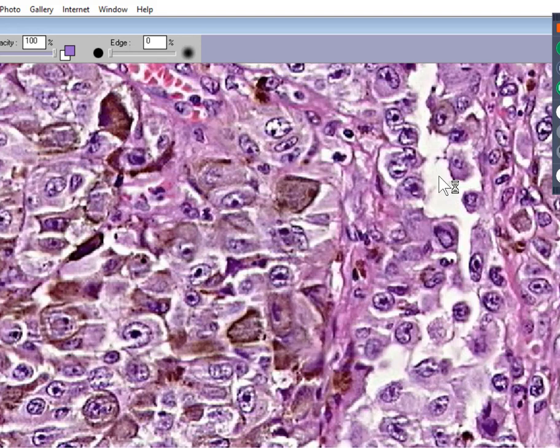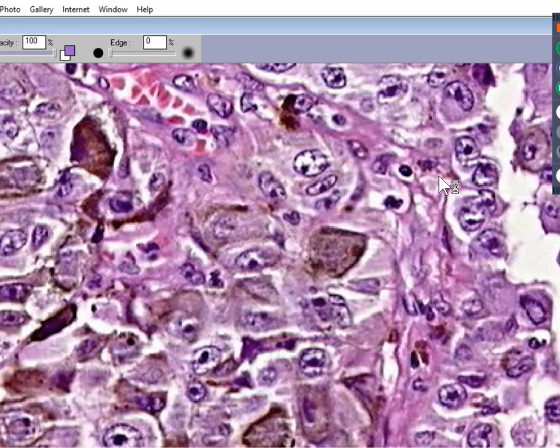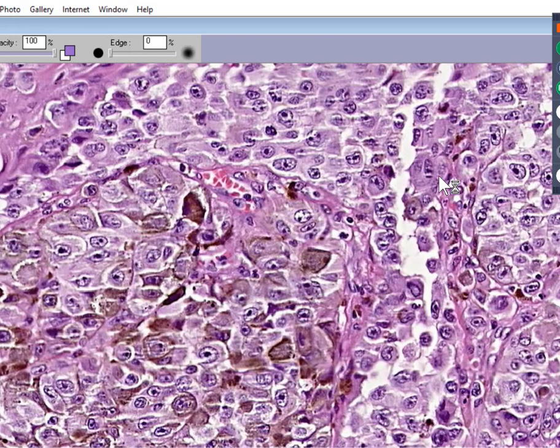It's easy to diagnose. It's not one of these borderline cases that you're afraid to diagnose because you might get it wrong. Many of the melanomas are very, very difficult in the early stages to diagnose, and they should be sent to consultants. But this one happens to be very easy.